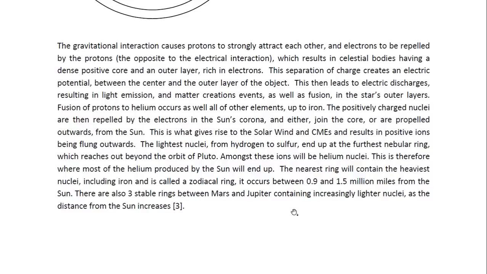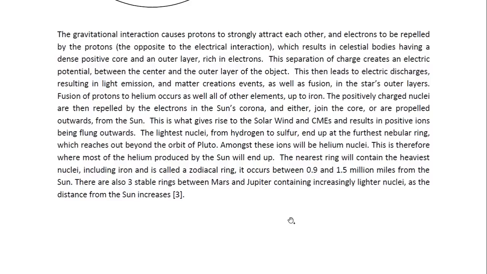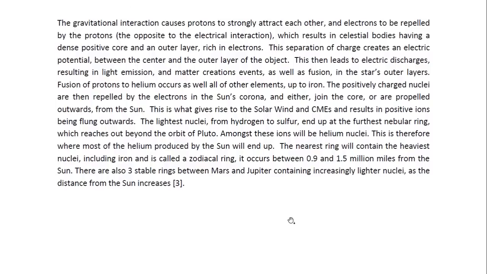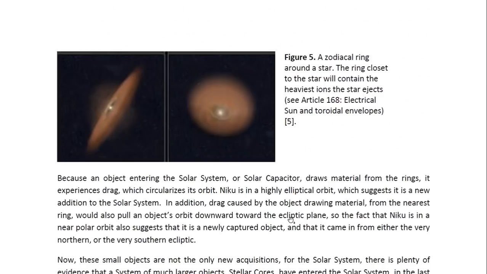The nearest ring will contain the heaviest nuclei, including iron, and is called a zodiacal ring. It occurs between 0.9 and 1.5 million miles from the sun. There are also 3 stable rings between Mars and Jupiter, containing increasingly lighter nuclei as distance from the sun increases.